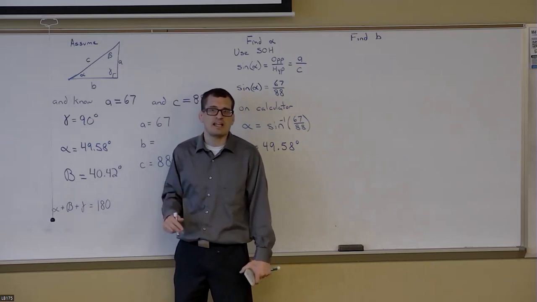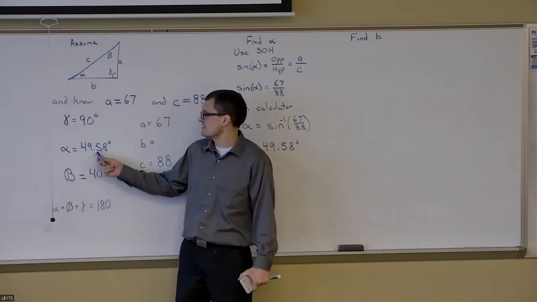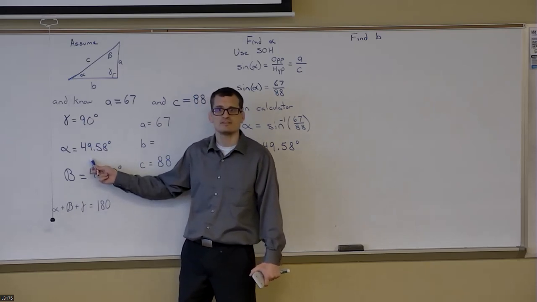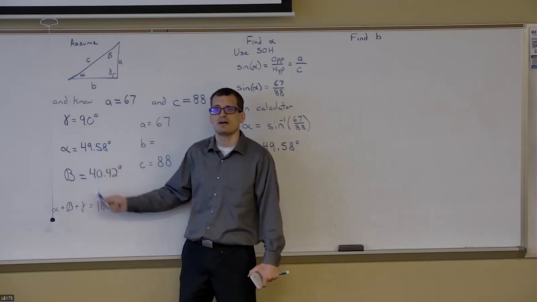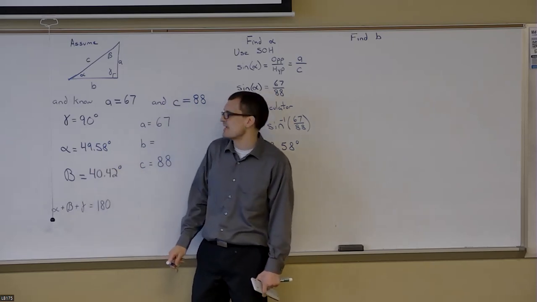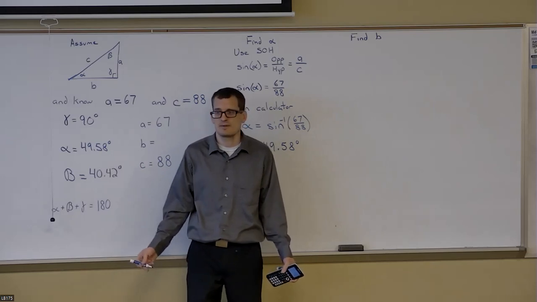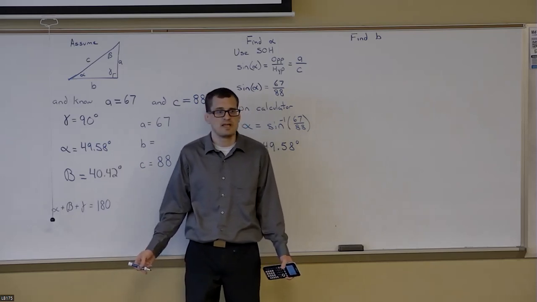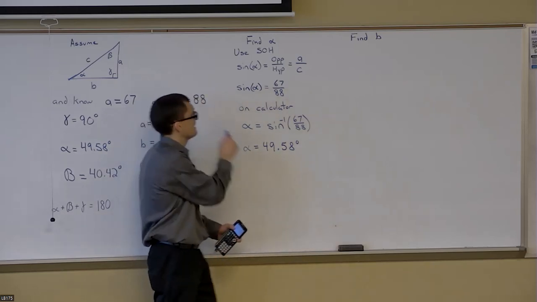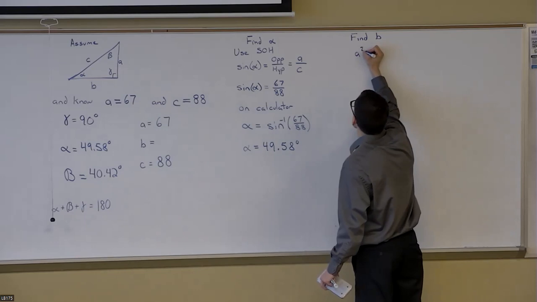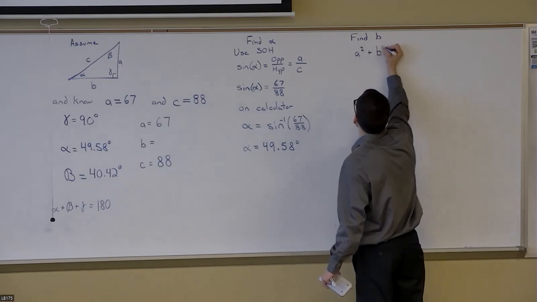But I think since these are actually rounded numbers, notice we had to round this angle, round this one, I think in order to find B, I'll just use the Pythagorean theorem. Is that okay? Because my A and my C had not been rounded. So I'll use the Pythagorean theorem.